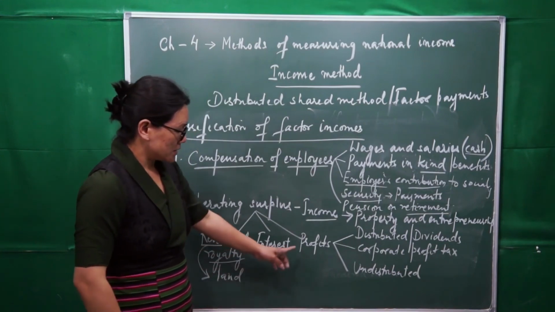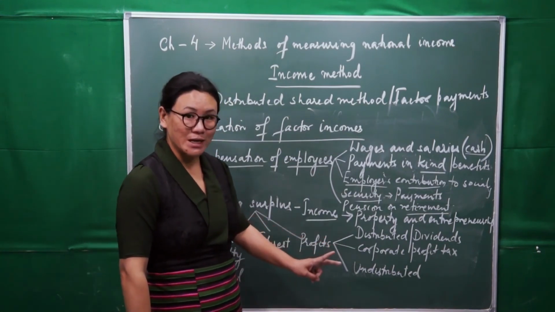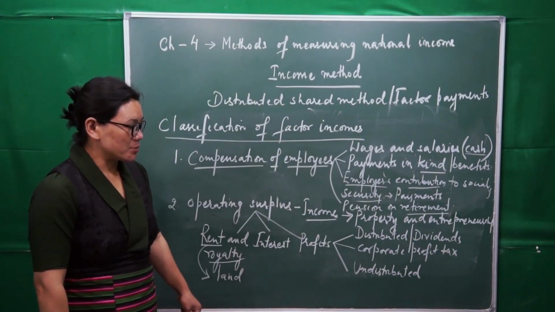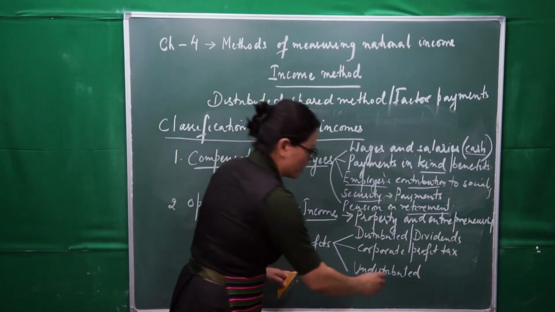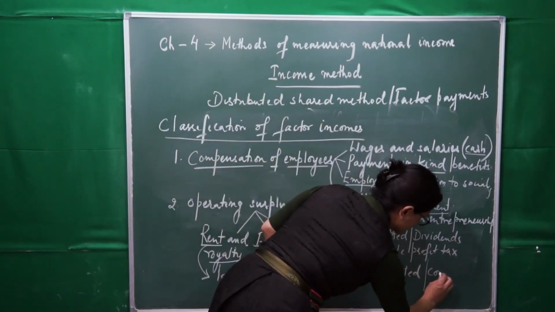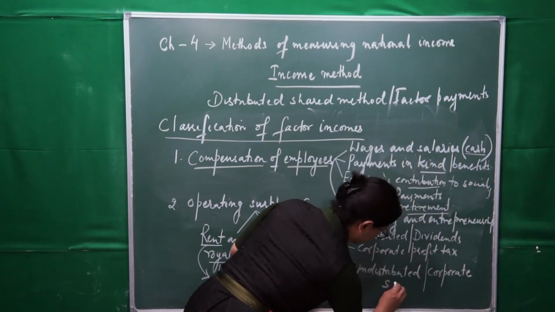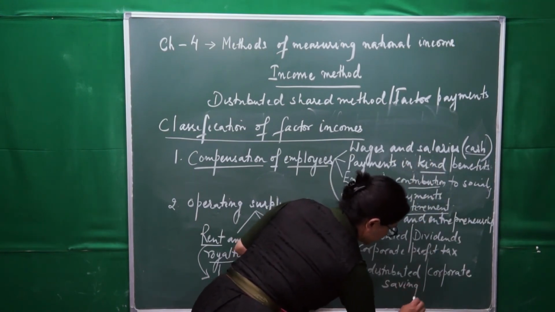Okay, so see here, profits are of three types: distributed profits or dividends, corporate profit tax, and undistributed profits, which we can also call corporate saving. All right.